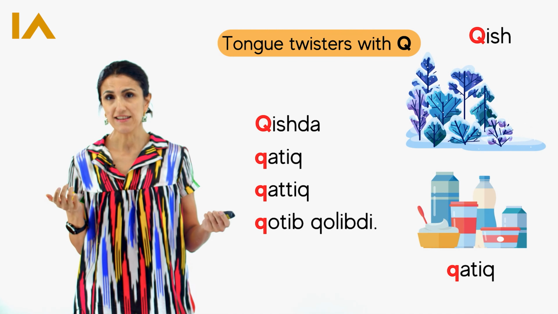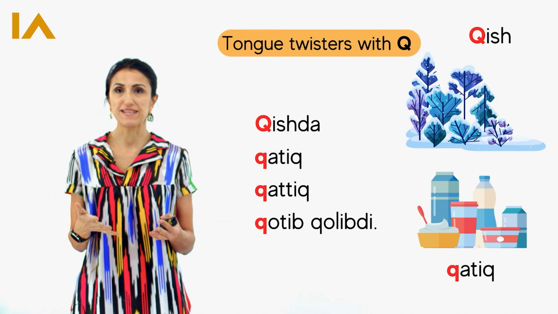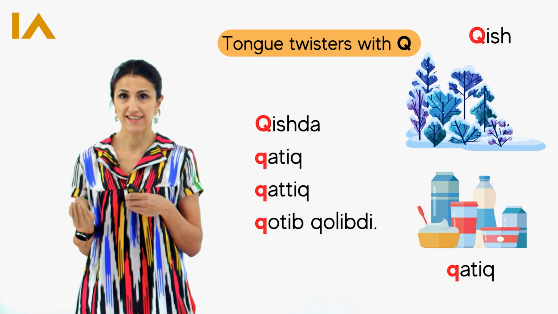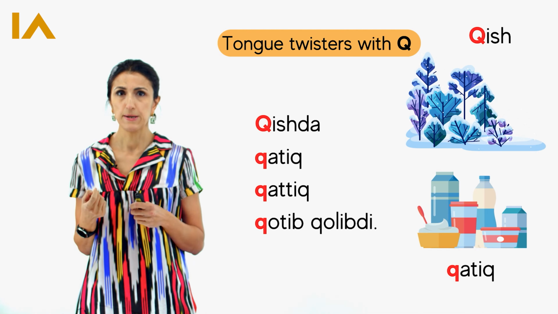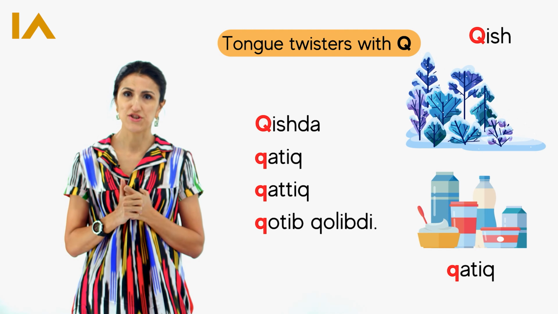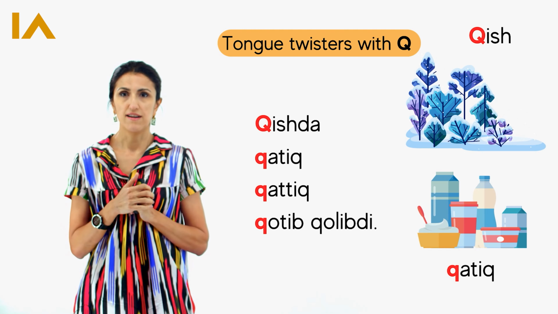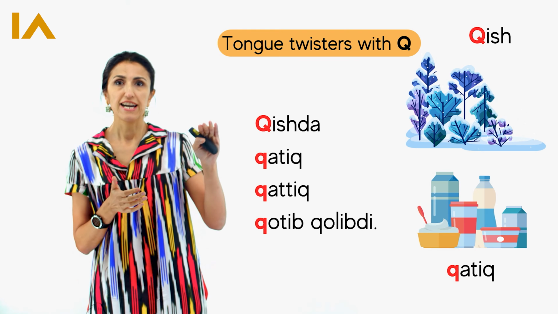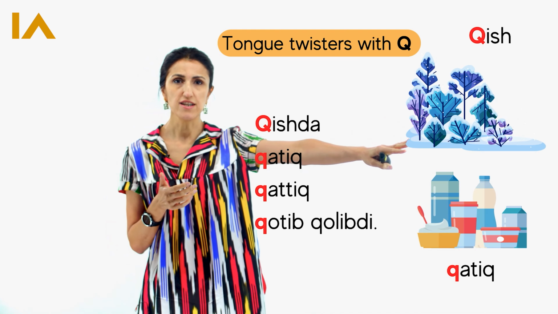And again, tongue twister. In Uzbek, we say tez aytish. Tez aytish is fast saying, which means tongue twister. Here I picked specific one which could be also reliable to daily life. Kış, kış is winter.